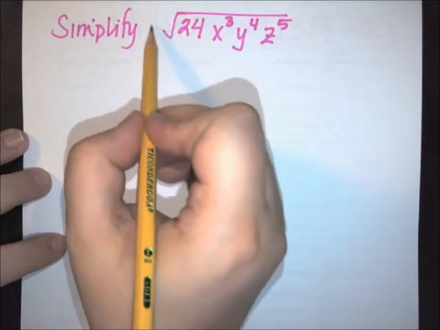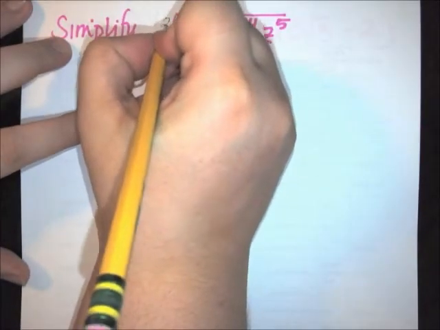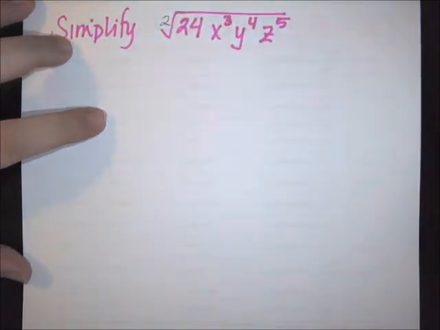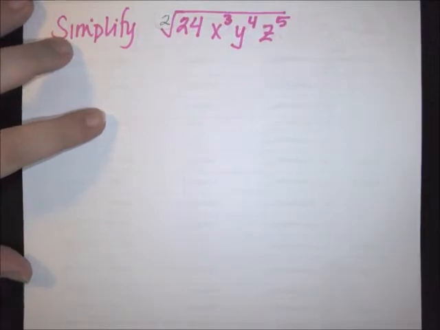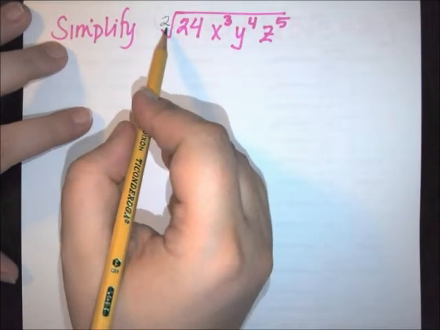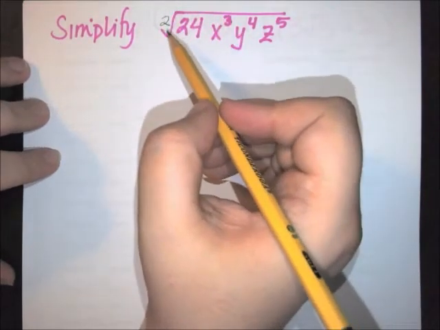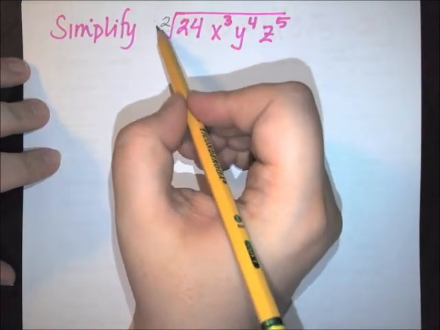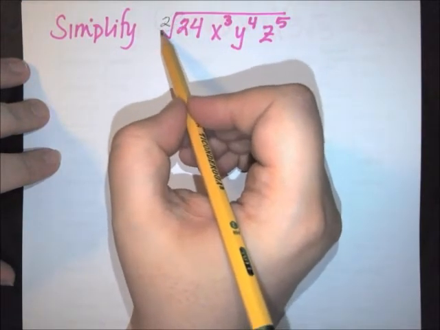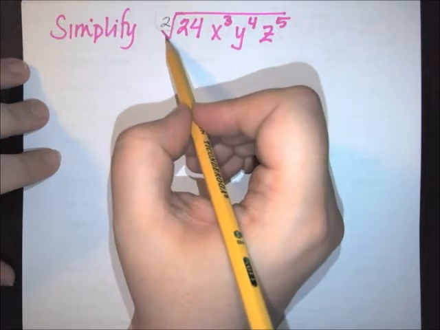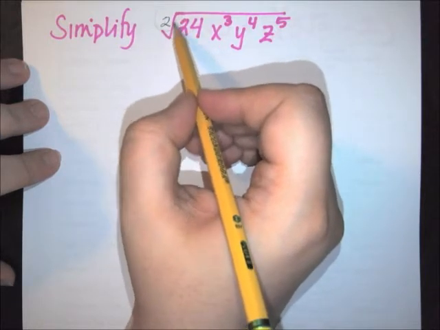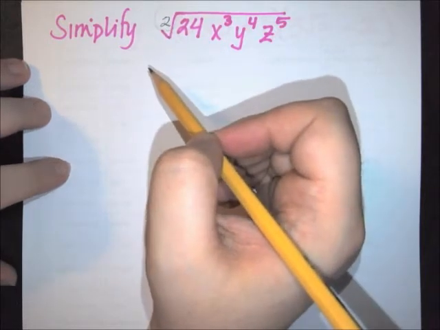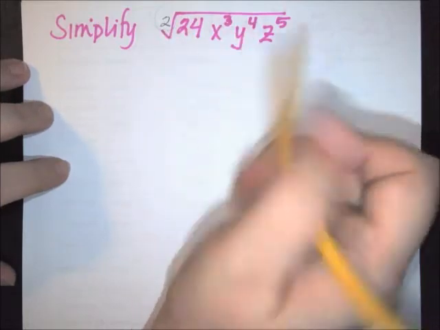When you don't see a number there, we assume that it's a 2. When we write square roots, most of the time we don't write the 2 here, okay? But you need to realize that any little number that shows up inside this little check mark or V part of the radical stands for the index of this radical.